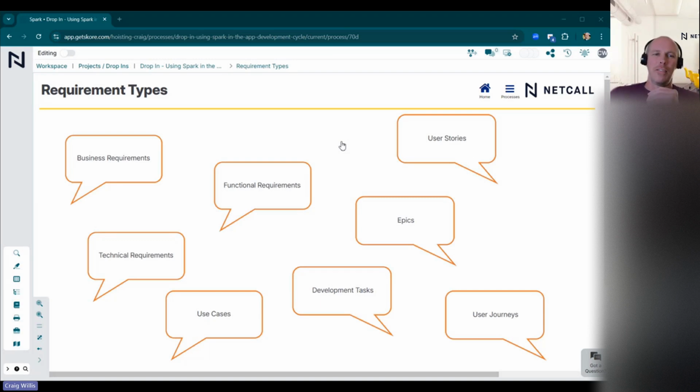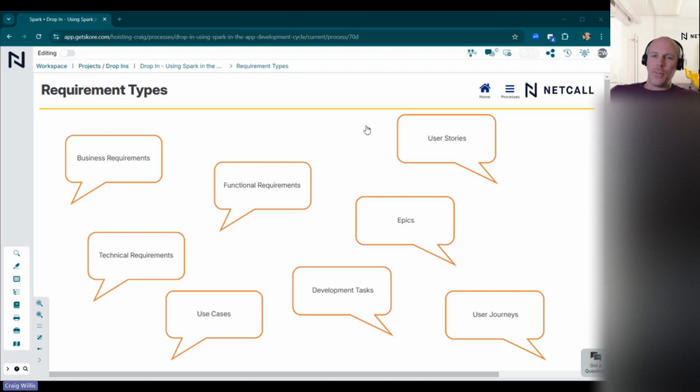It could be anything from implementing an off-the-shelf system that requires configuration, right through to developing custom software to support a particular process within the organization, and everything in between, whether it's no code, low code applications, or pure software development, whatever it is.